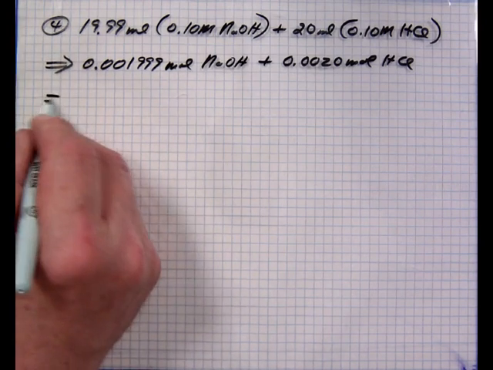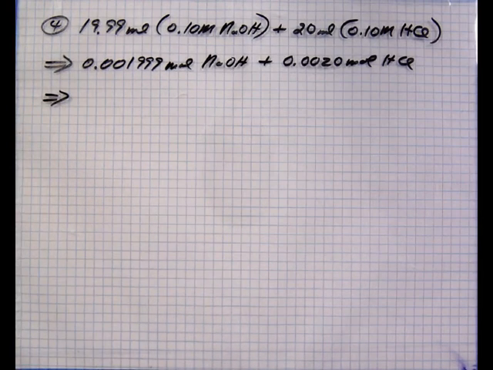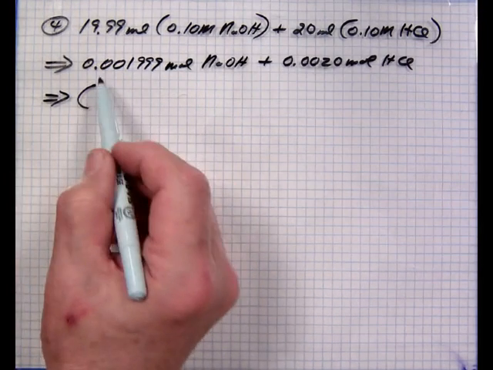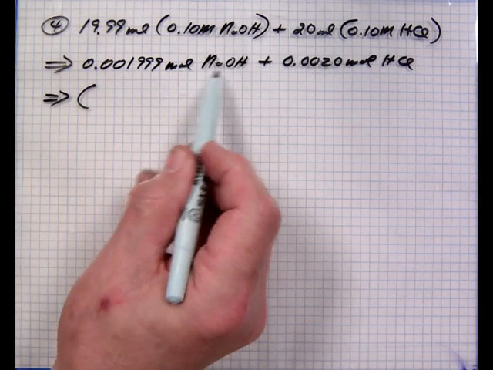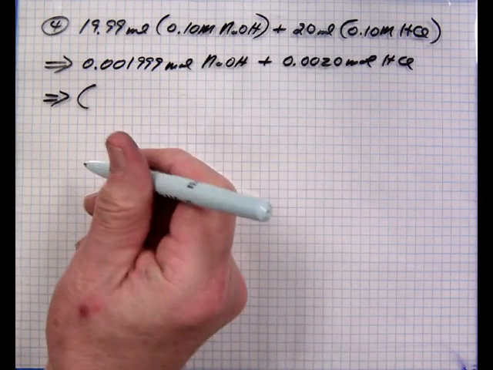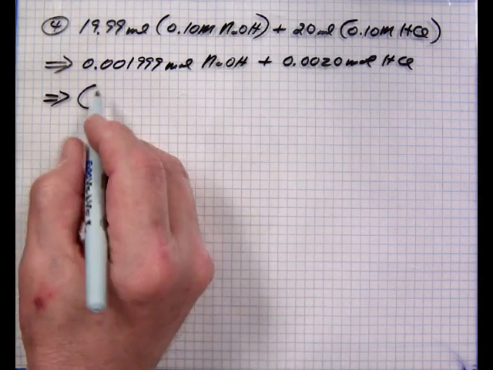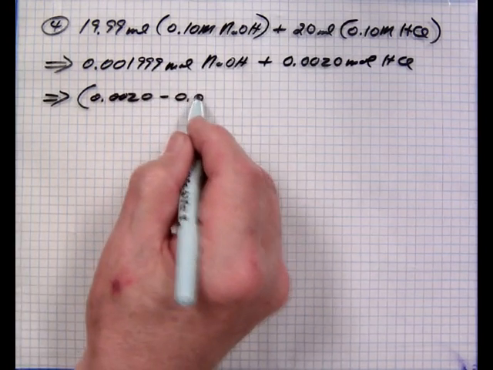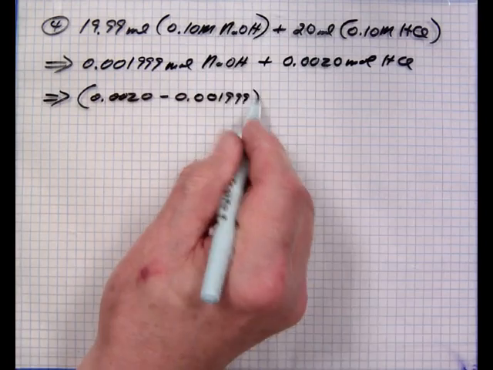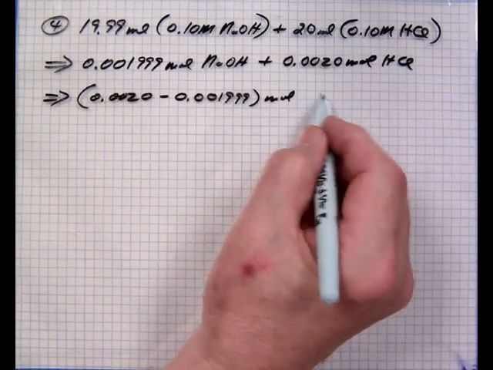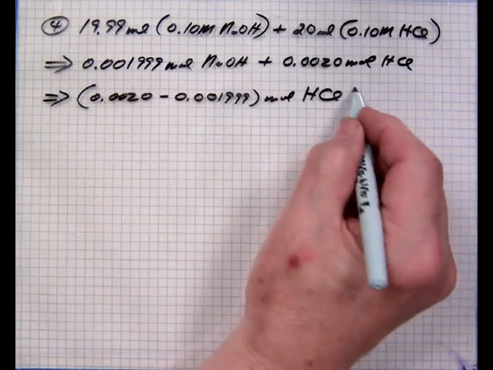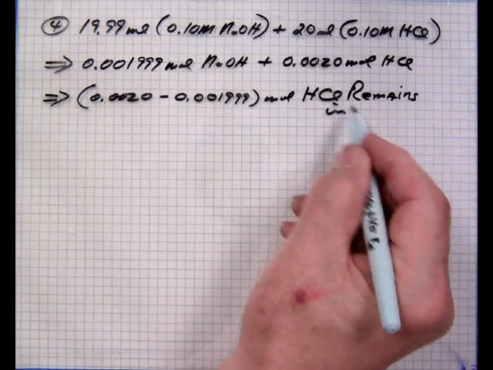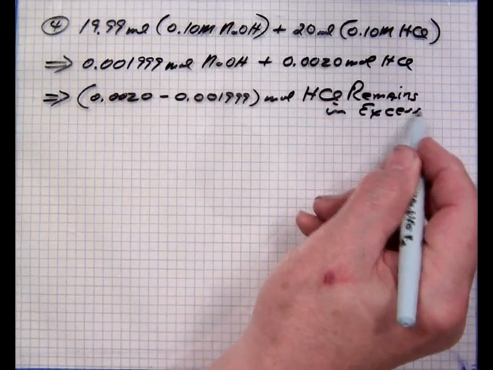So we calculate the remaining hydrochloric acid in the same way we've been doing, because only 0.001999 mole of the hydrochloric acid will be neutralized, and then we'll have a little bit of excess, so that's 0.0020 minus 0.001999 mole of HCl remains in excess.